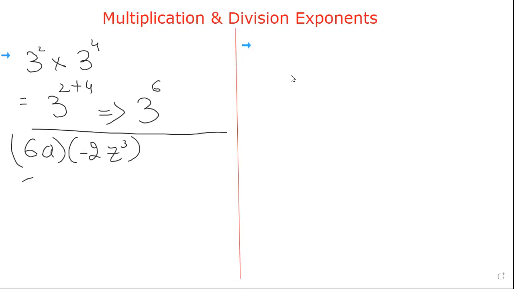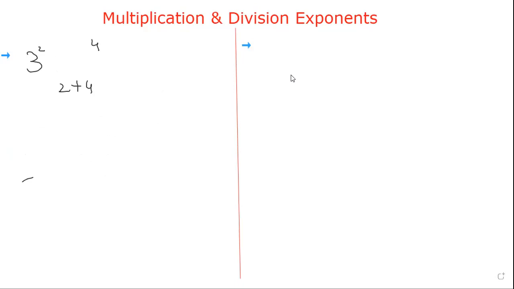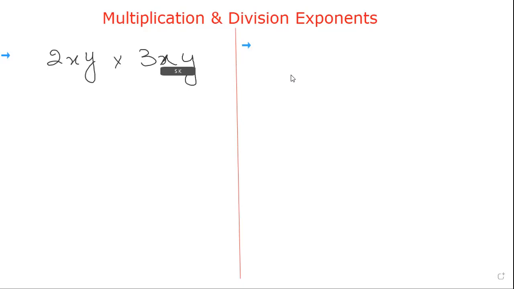Let's see some other examples as well. Let's suppose we have another example: 2xy times 3xy. We are going to multiply the numbers as it is, like normal multiplication. 2 times 3 is 6.